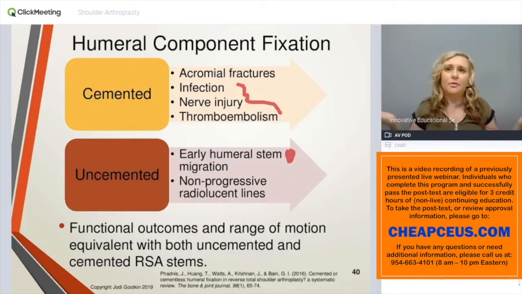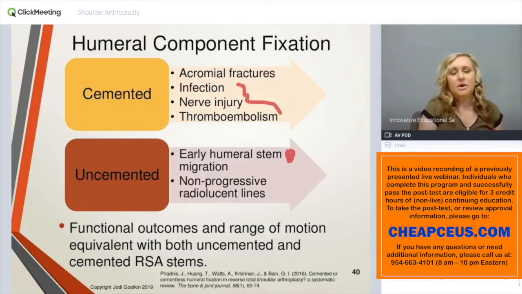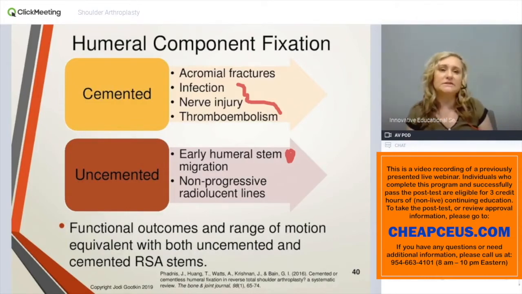And again, this was only approved in the United States about 15 years ago, so the research is still evolving. What they tend to find is that the outcomes for both seem to be similar, whether they're cemented or uncemented. Some of the research said that if it's more osteoarthritis and a fracture, they tend to lean more towards the cemented design to allow for a little additional stability.